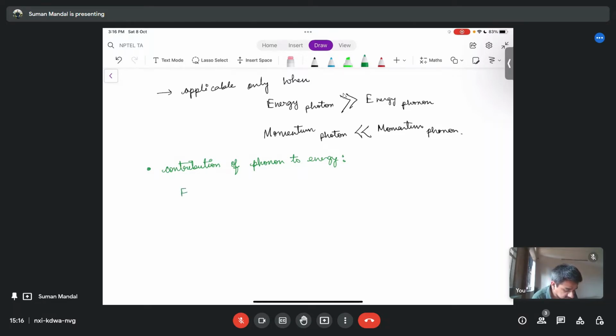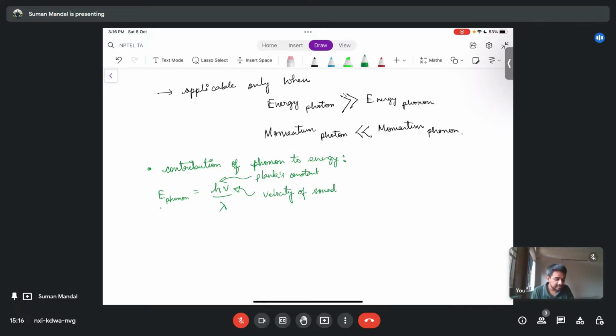E is equal to hc by lambda. We know this. h is Planck's constant, and then the speed of light. But this is in the case of a phonon, so this is actually not c. I should edit it to v, because c is dedicated for the light speed. v is the velocity of sound, because these are lattice vibrations. These are matter waves, and sound is a matter wave.